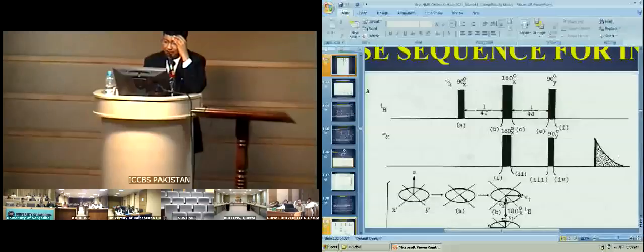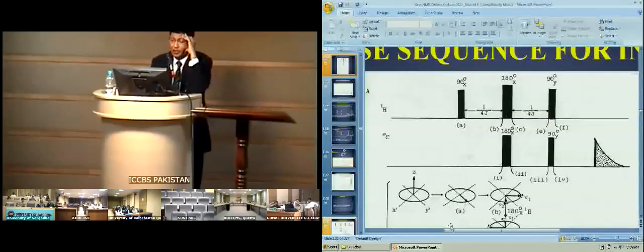What has happened here? It has come to plus Y, right? No objection? Okay, between them it is coupled with the carbon, so it must split into two parts. It has split into two parts. One is slow moving and the other is fast moving, so they are moving apart from each other. Right?